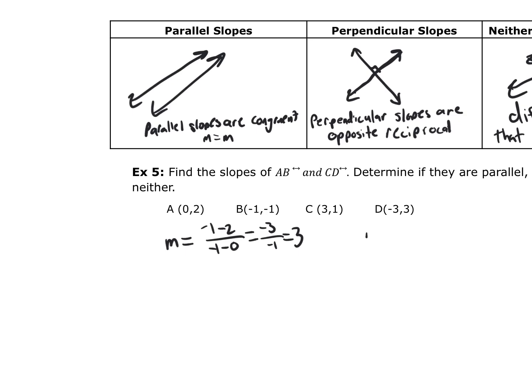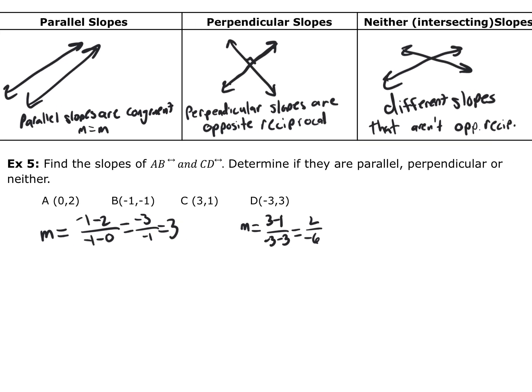So then the second one, CD, that's going to be 3 minus 1 on top, and -3 minus 3 on bottom, and 3 minus 1 is 2. -3 minus 3 is -6, and that simplifies further to -1 over 3.